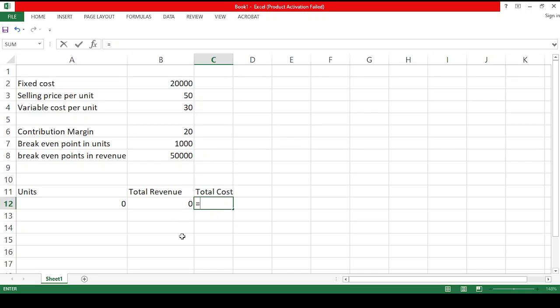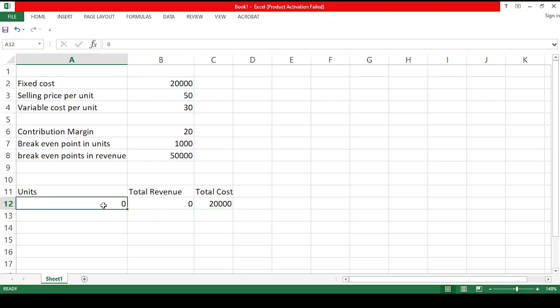So the fixed cost is 20,000 plus the variable cost, which will be 30 multiplied by the number of units. Because variable cost is the cost that changes with number of units. So yeah, that's 20,000 since the number of units is 0 and the fixed cost is 20,000.